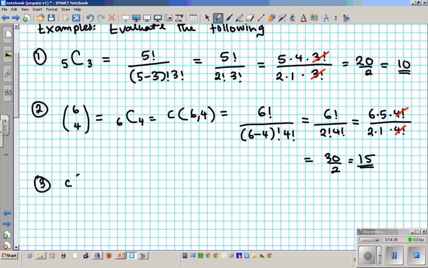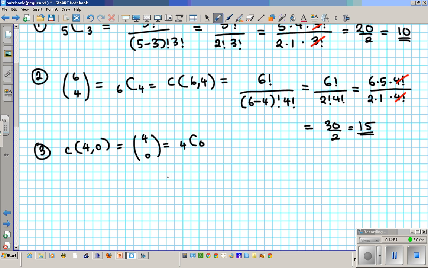So what is C(4,0)? What is this? This is the same thing as parentheses 4, 0. It's also the same thing as 4C0. Okay? If I apply the combination formula here, this is going to be N and this is R, so it's 4 factorial divided by 4 minus 0 factorial, which is just 4 factorial, times R factorial, which is 0 factorial.